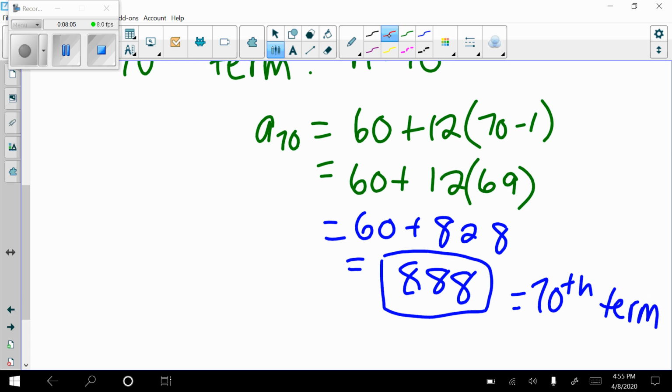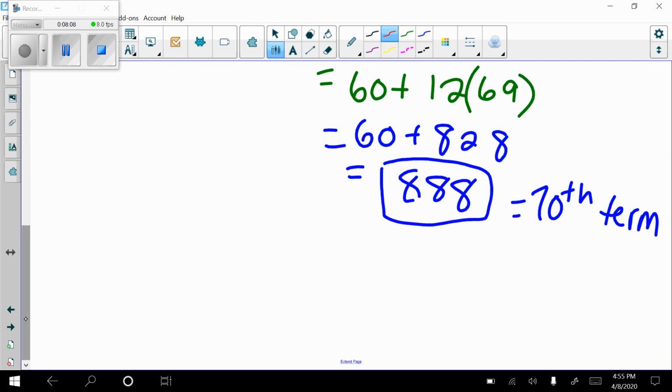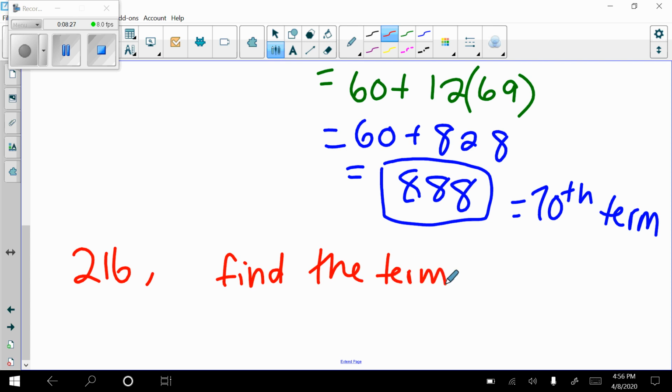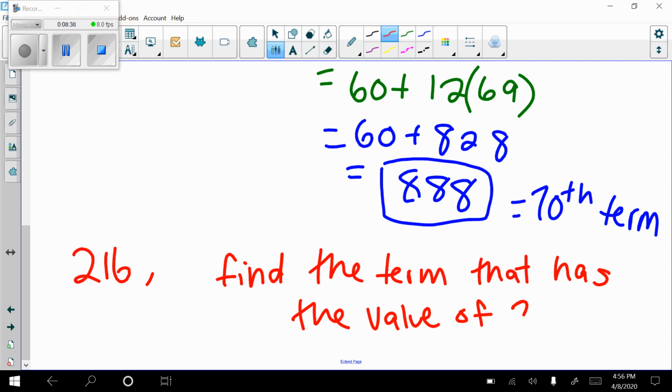But then the new thing that I want you to add is, let's say I know that 216 is a number in this list. So the question would be, find the term that has the value of 216.